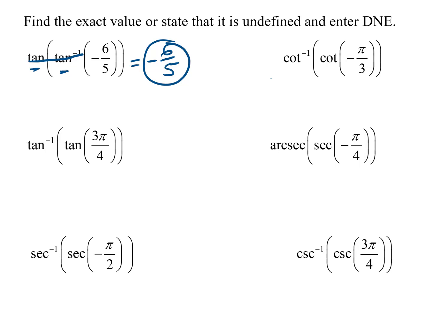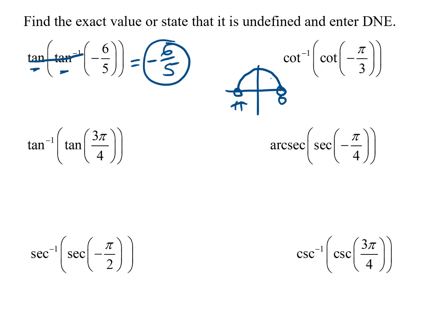Now looking here, we have inverse cotangent of the cotangent of -π/3. They will undo each other if the angle is in the correct range for inverse cotangent. So let's think: cotangent, the numerator is cosine, so it follows the same restrictions as cosine, which is 0 to pi, except of course with cotangent you can't equal the endpoints there because those are vertical asymptotes.